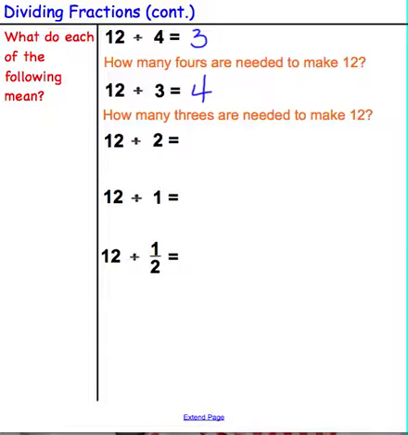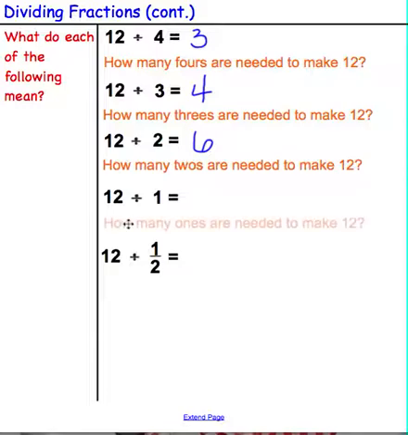In a similar fashion, 12 divided by 2 is how many 2s are needed to make 12, which is 6. And 12 divided by 1 is how many 1s are needed to make 12, which is 12.